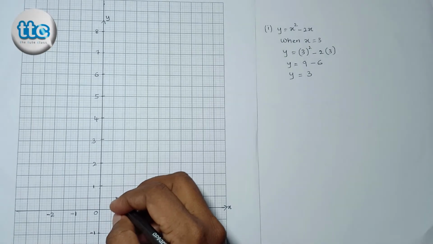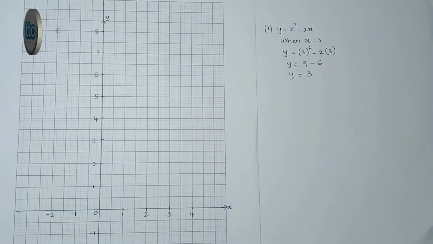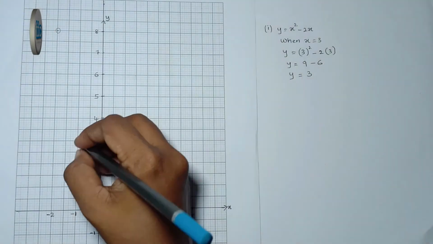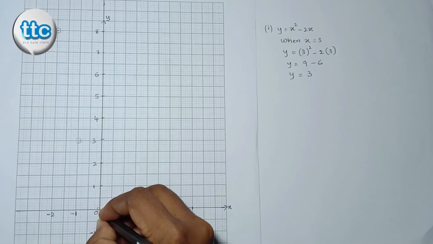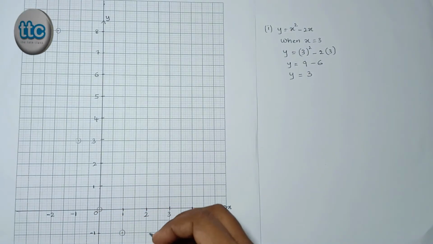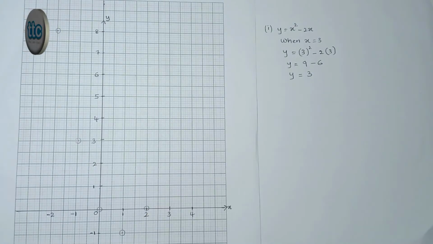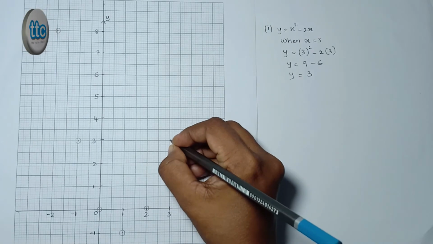When x equals minus 2, y equals plus 8. When x equals minus 1, y equals plus 3. X equals 0, y also equals 0. X equals 1, y equals minus 1. X equals 2, y equals 0. X equals 3, y values we found here, y also 3.